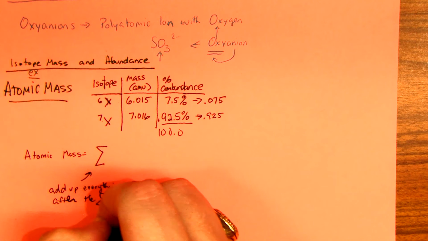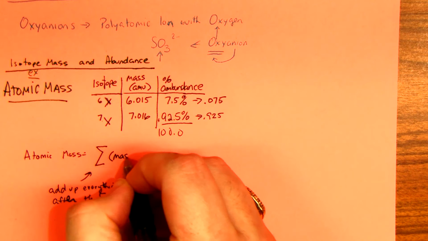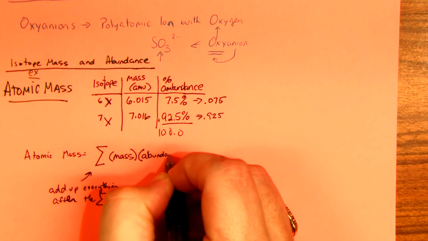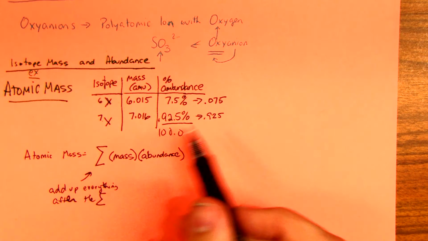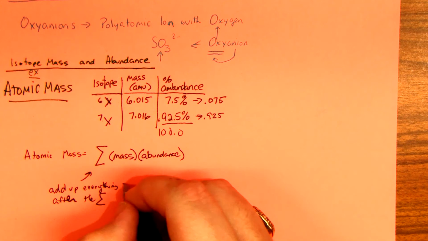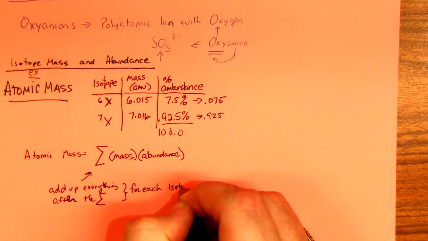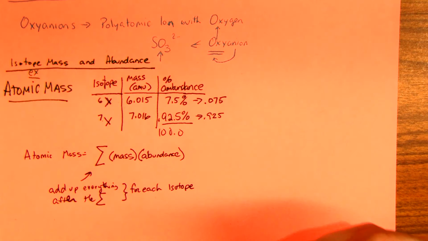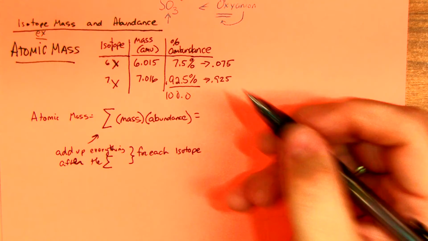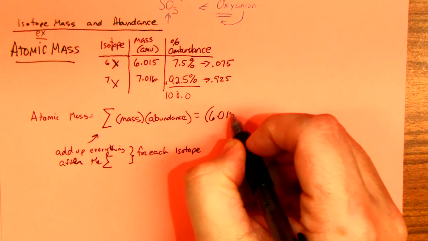So we want to go mass times abundance. So we want to add up every single time for each isotope. So our atomic mass is actually going to be, you take the first guy, 6.015, and what am I going to multiply it by?